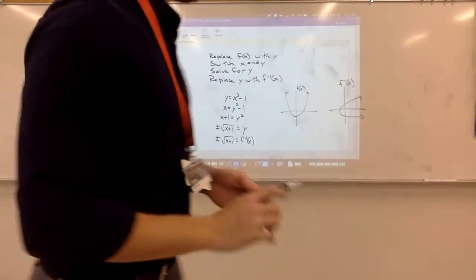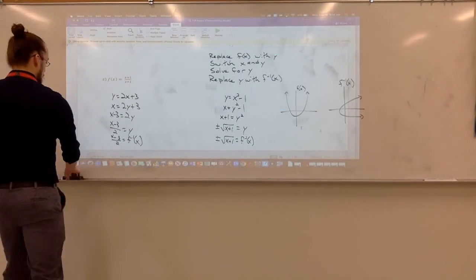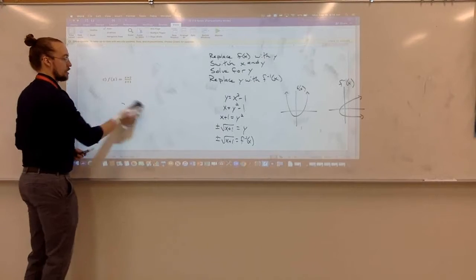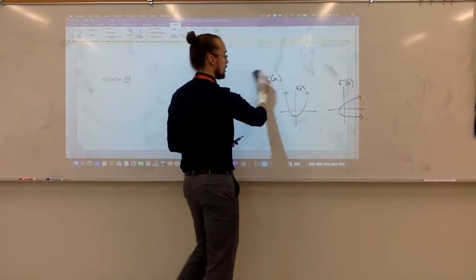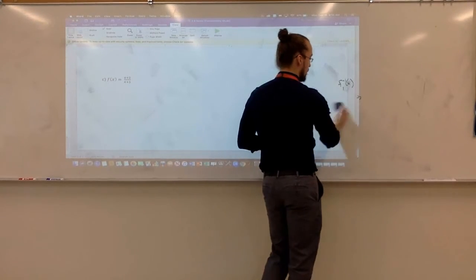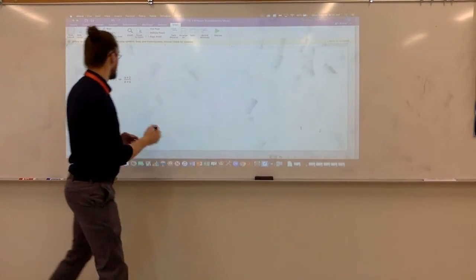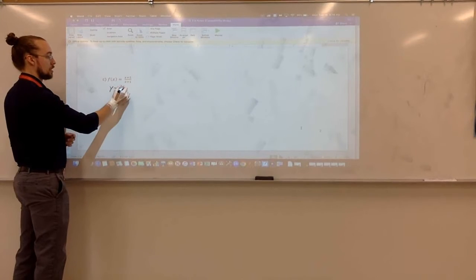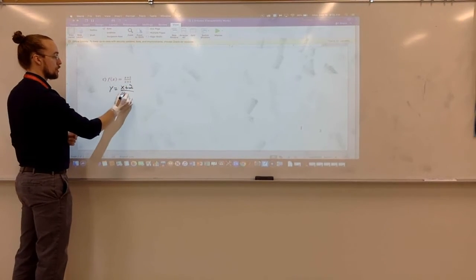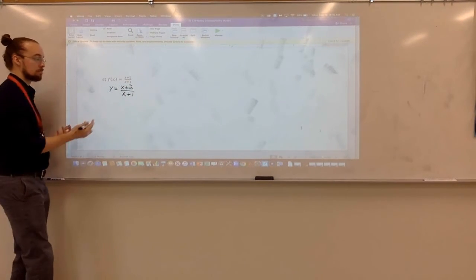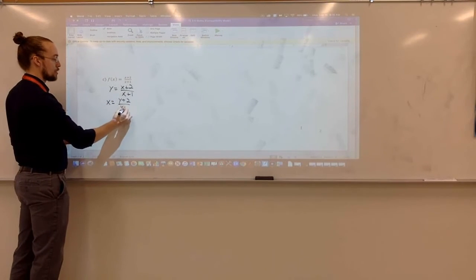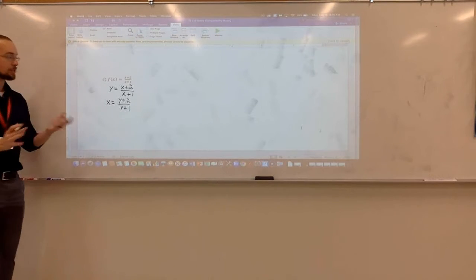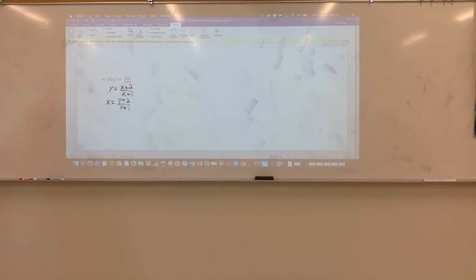On something like this, the algebra tends to trip me up, so I want to go through this one real quick together. The process is the same. Replace f of x with y, and then switch x and y. So this would become x equals y plus 2 over y plus 1, and I'm just replacing all of the x's with a y.